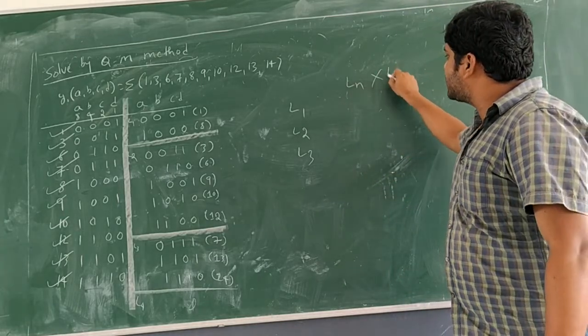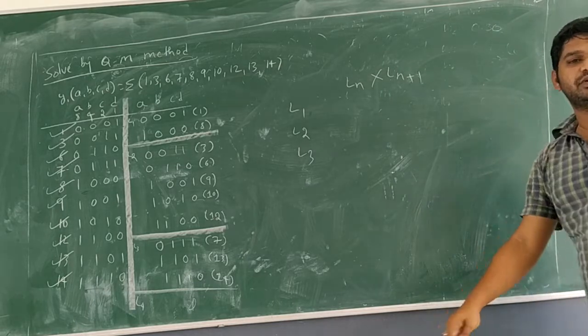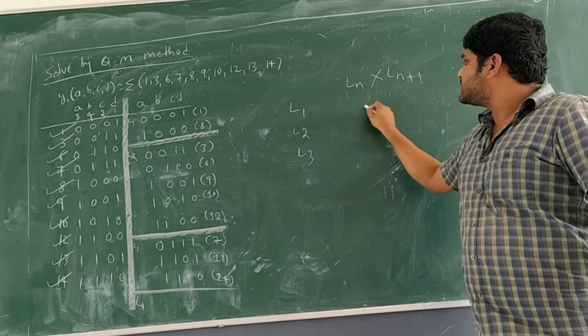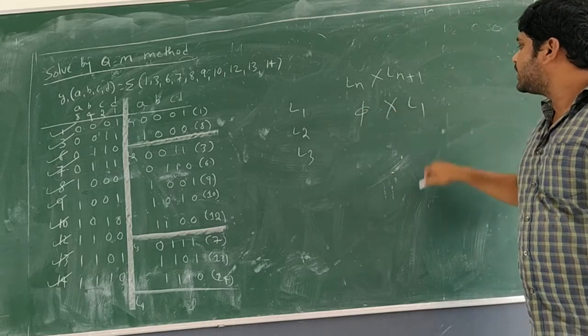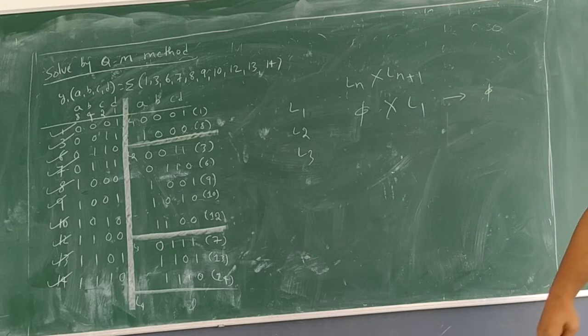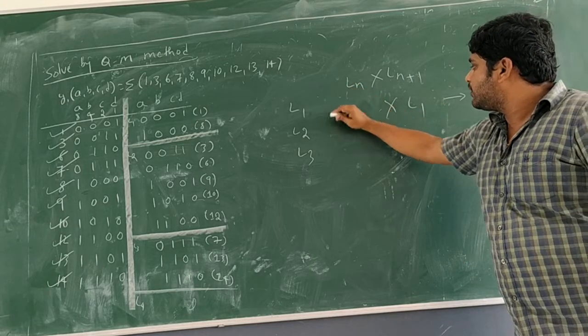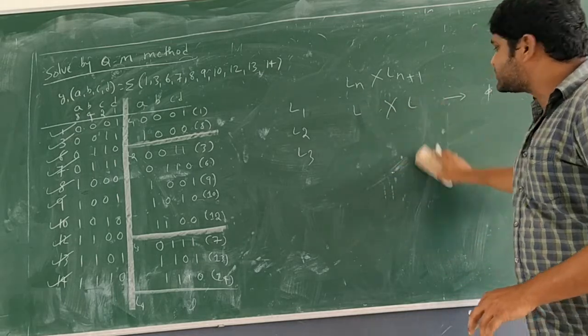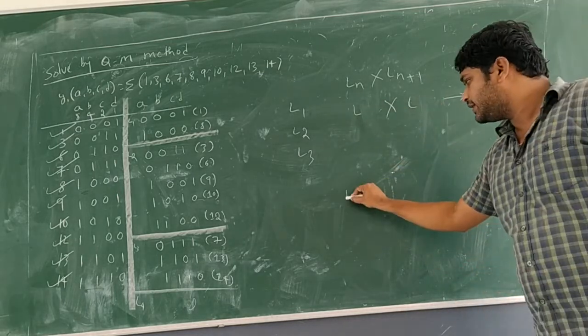Substitute into this Cartesian product possibility. If we substitute 0, 0 is a null set. Null set with L1 is always equal to what? Null. So no need to think about L0 with L1.